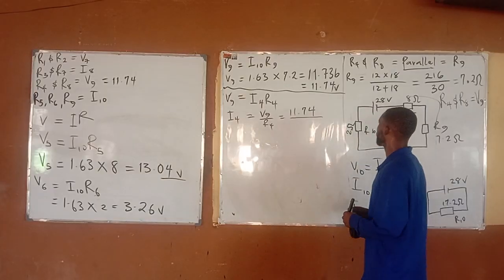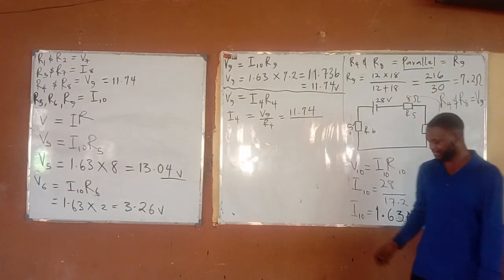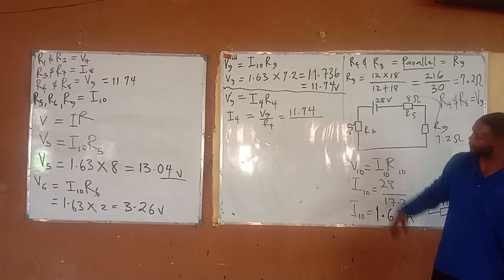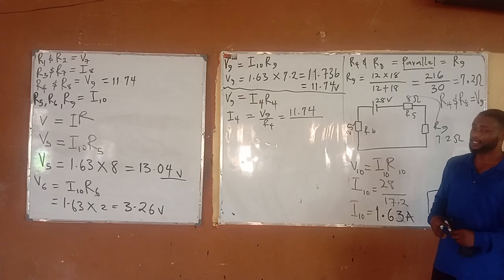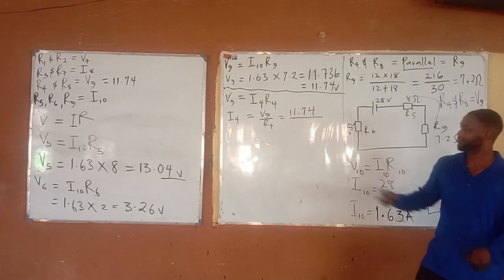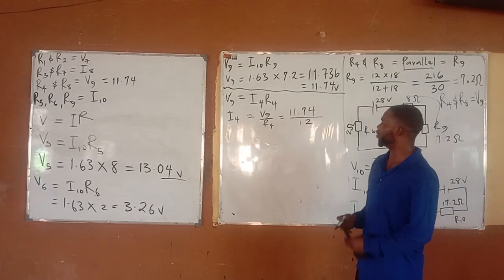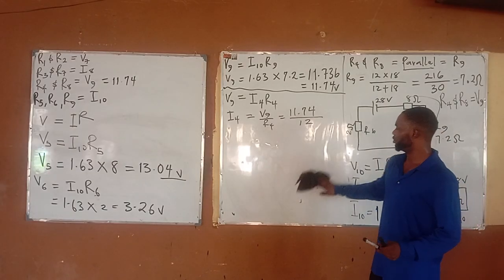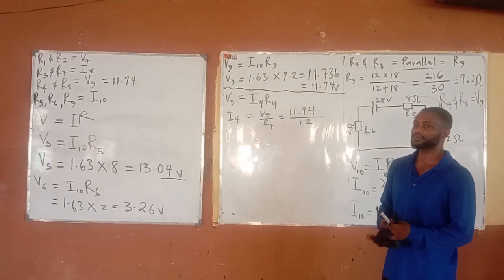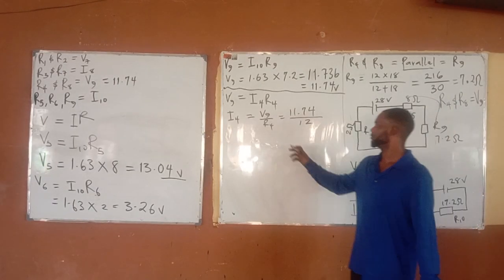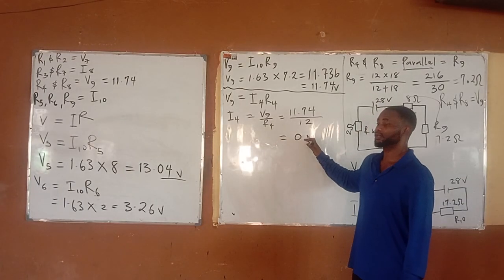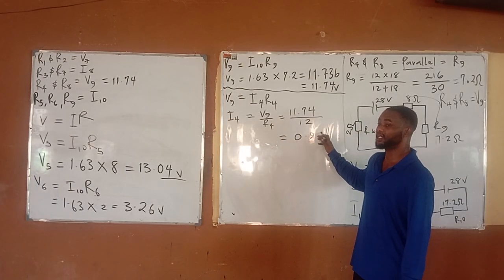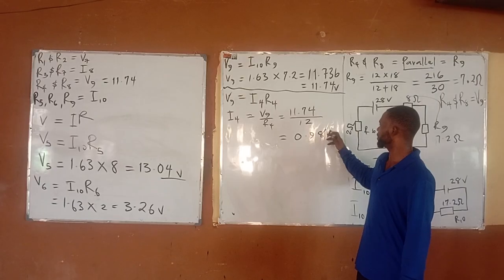And the mistake you make is if you start forcing it, don't force it. Just follow the principle, you always get the answer. What's the R4? 12. Punch for me. 11.74 over 12. Punch. 0.97. That is 98. Okay, that is in ampere.